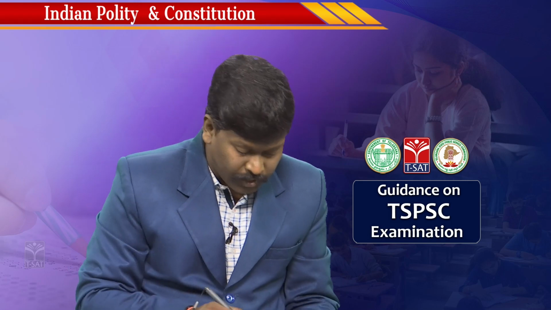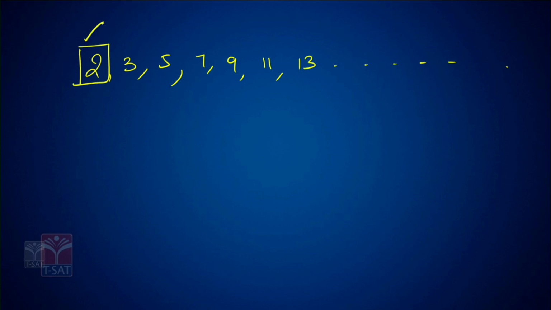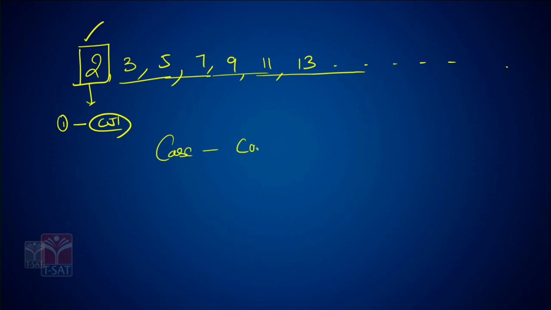The number can start with 2, then 3, 5, 7, 9, 11, 13 and so on. The minimum number of judges in a bench should be 2, where one judge must compulsorily be the CJI. Then we have 3, 5, 7, 9 and so on in odd numbers. Very important, if any case is linked to a constitutional matter.